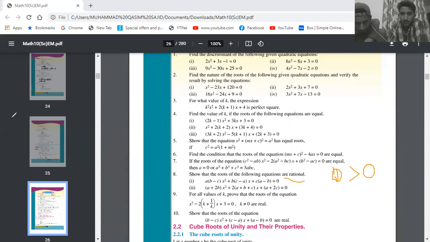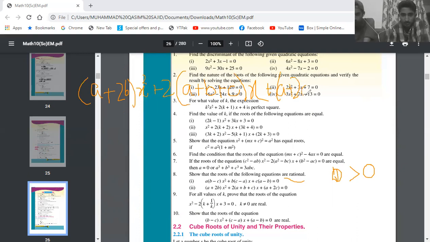The question is (a plus 2b) into x square plus 2 times (a plus b plus c) into x plus (a plus 2c) equals 0. So the discriminant must be b square minus 4ac.